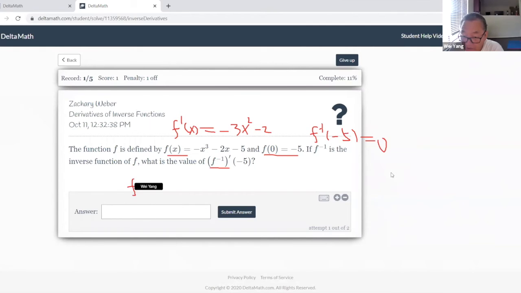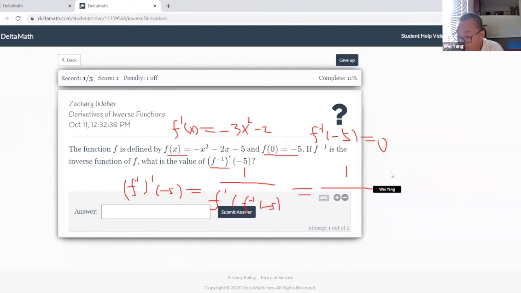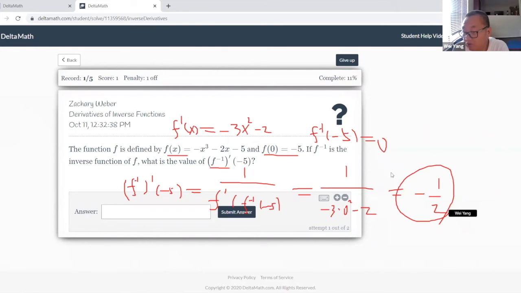Then the derivative of the inverse function at -5, based on that formula, equals 1 over f' at f inverse of -5. So you can plug in 0: 0 squared minus 2. So the answer for this one equals -1 over 2. The answer is -1 over 2.